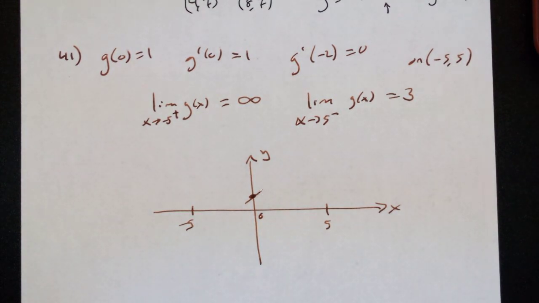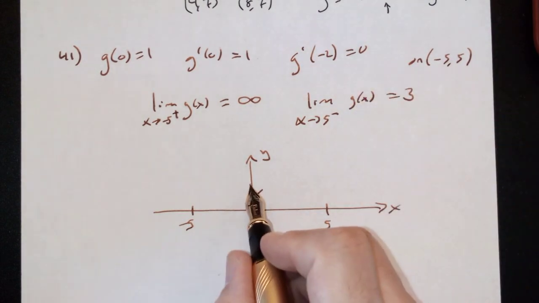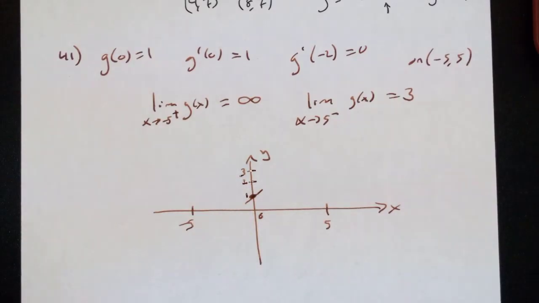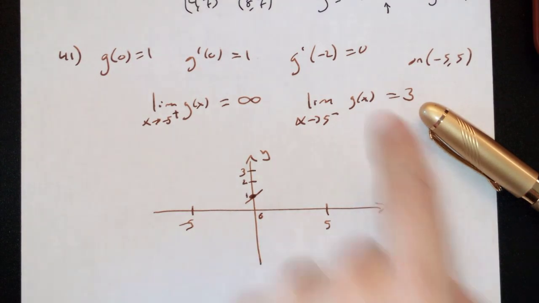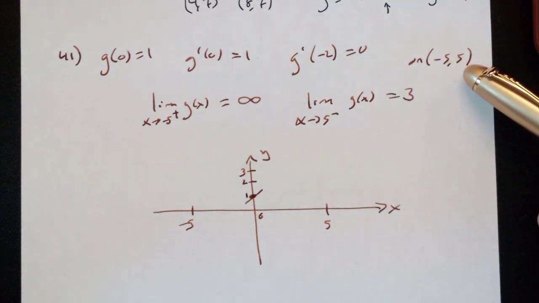Now, I'm going to hang on this one for a second. I know from this limit, as we go to the right, again, and we get closer and closer to 5, we should be getting closer and closer to a y value of 3. I don't think I'm going to hit it because I'm not allowed to plug in 5.